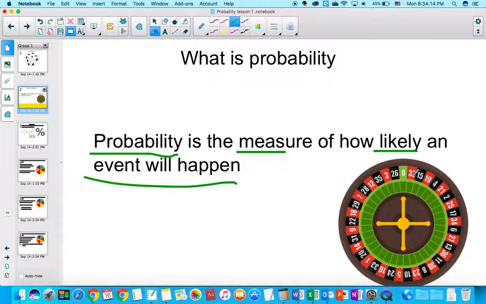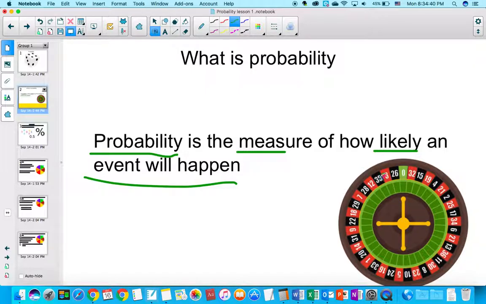They can either say it's going to land in red or black, and that basically gives them a 50% chance. Or they can pick a number, which reduces the likeliness of the ball landing on their spot, but a greater payoff. So probability is the study of how this mechanism works, right?